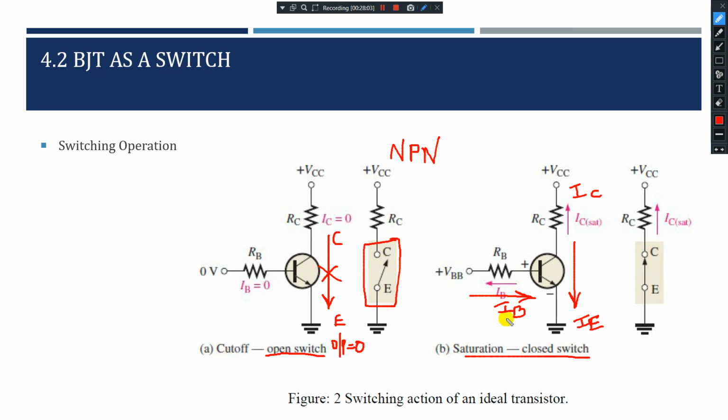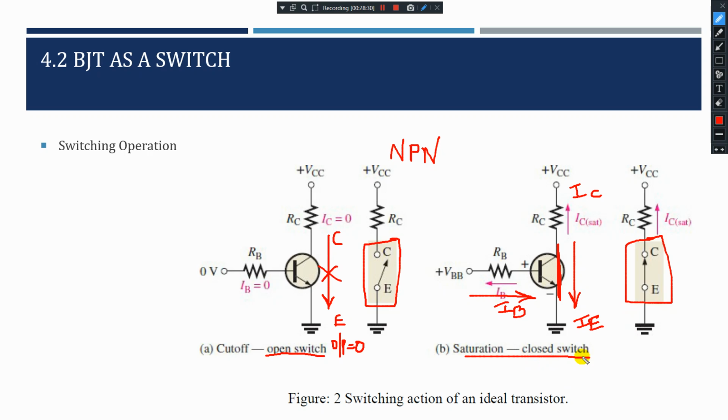So IB is responsible for the current to flow from IC to RE. If it is flowing, it means there is a short between IC and RE. We should not say short, there is a path. So we show it in a switch pattern, saying that your collector to emitter is connected. So this is called a switch.